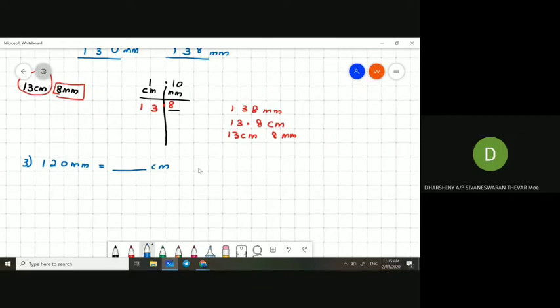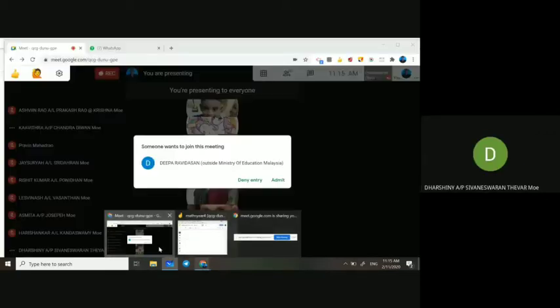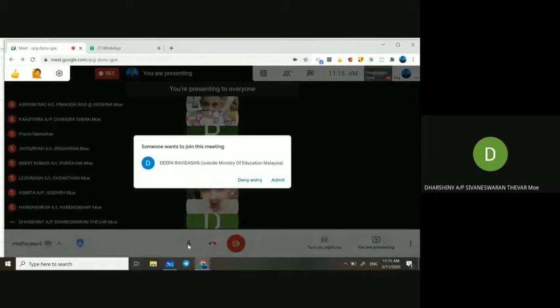The decimal method. 120 millimeter. This line is divide by 10. Wait for a while, class. Teacher, 12 centimeter, teacher. Hello? This here.